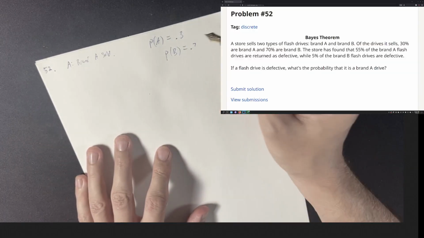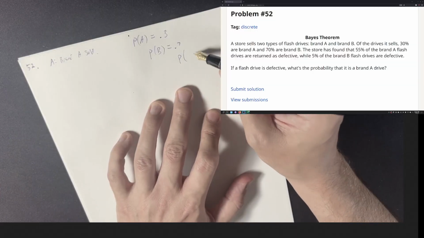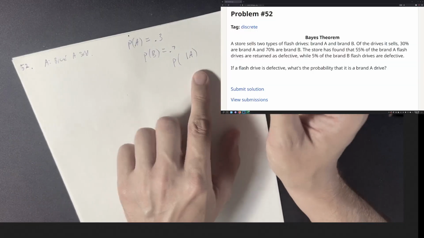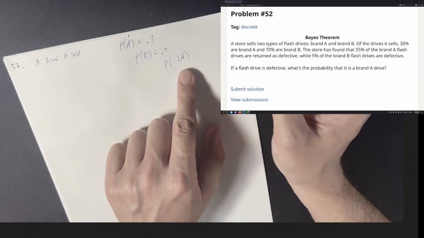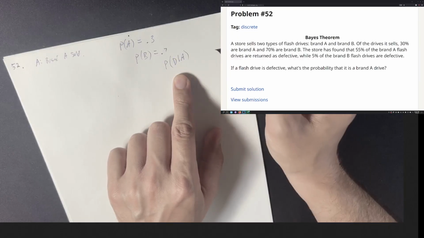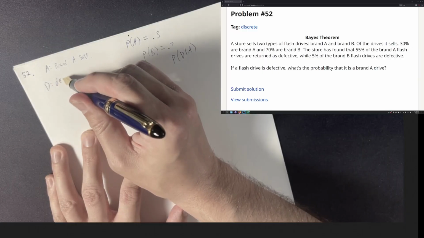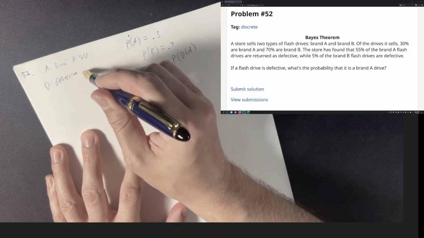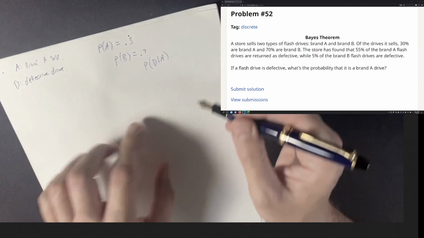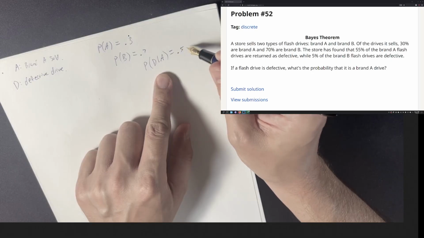And then what they also told us is that given that you're purchasing a brand A device, there's a 55% chance that it's defective. We'll make D be the event that it's defective. So they told us that this conditional probability is 55%.